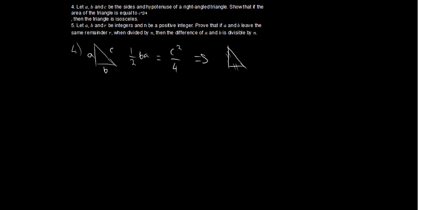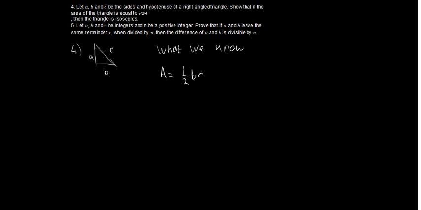Well, just going to backstep a bit there. We're going to start off with our triangle there. So A, B. So what do we know? What we know is that, first of all, the area is equal to 1 over 2 BA, right?